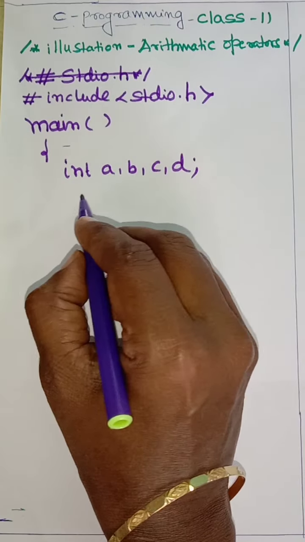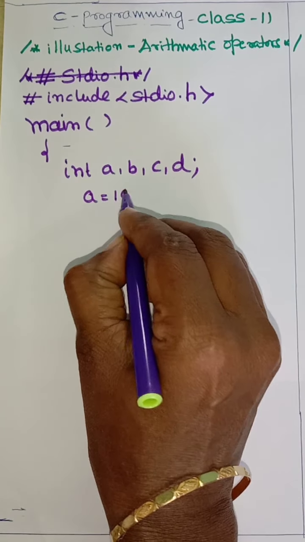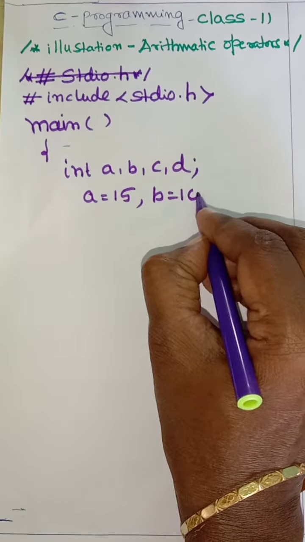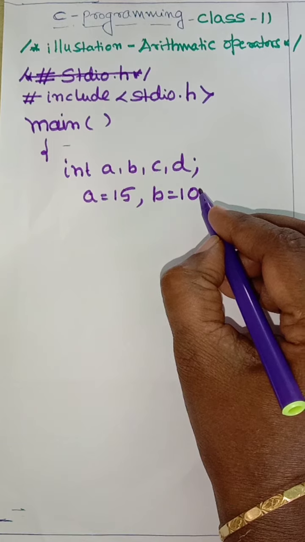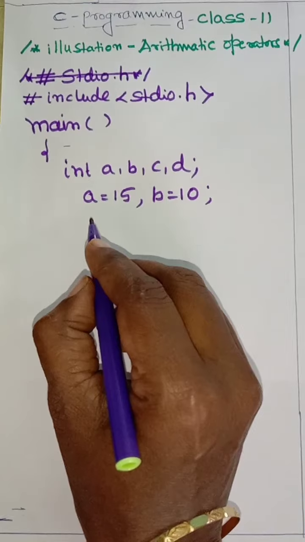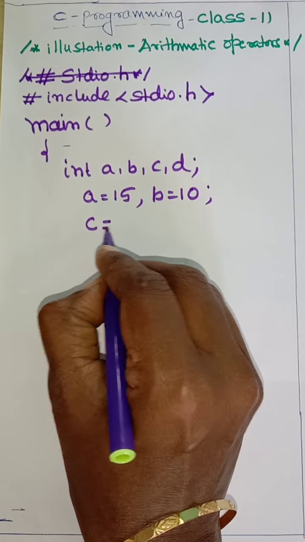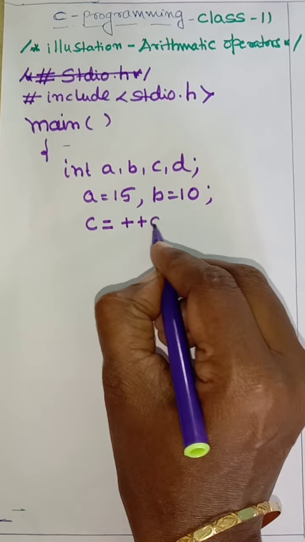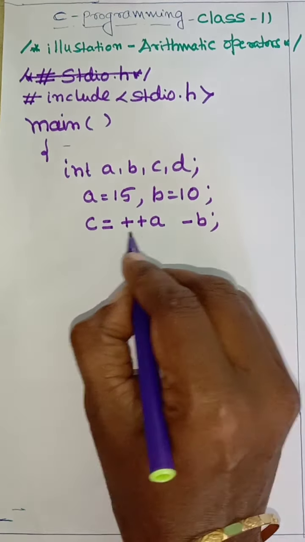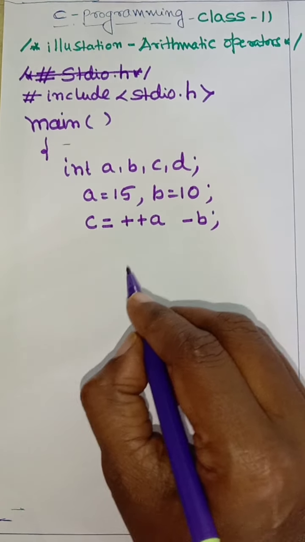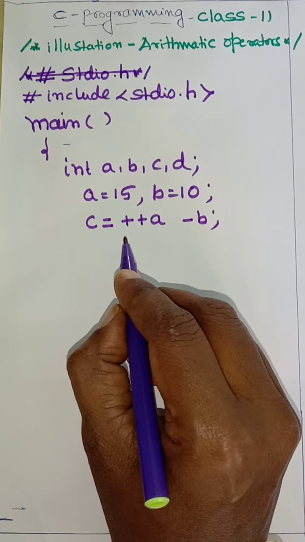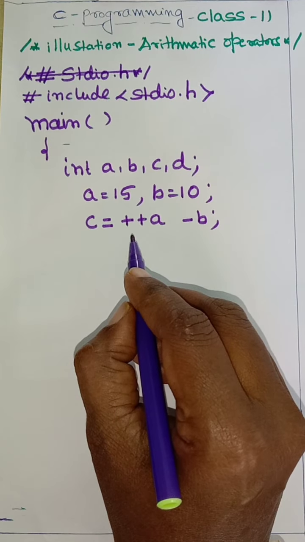Next, I will assign the values: a is equal to 15, b is equal to 10, and next, I will write c is equal to, what is this? Just try to remember, what is this? This is your increment operator. That too, which type of increment operator is it? It is the pre-increment operator. Okay.